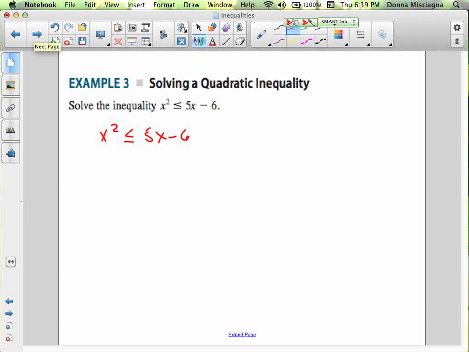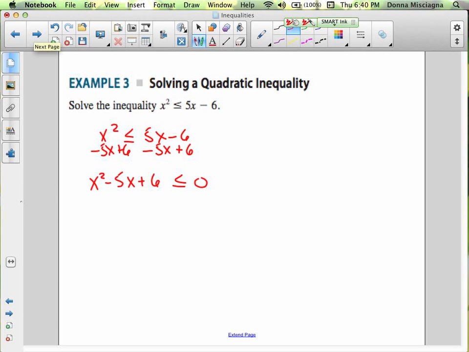All right, so we're going to subtract 5x and add 6. There we go. Now we have x squared minus 5x plus 6 is less than or equal to 0. Nothing would change our inequality sign. We've just moved some terms to the other side.